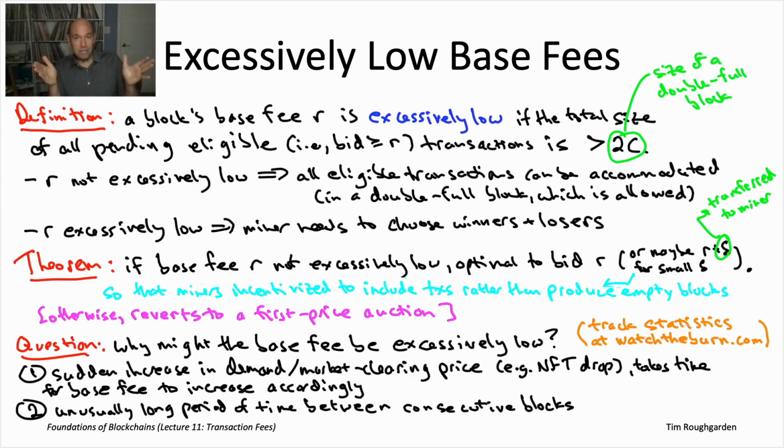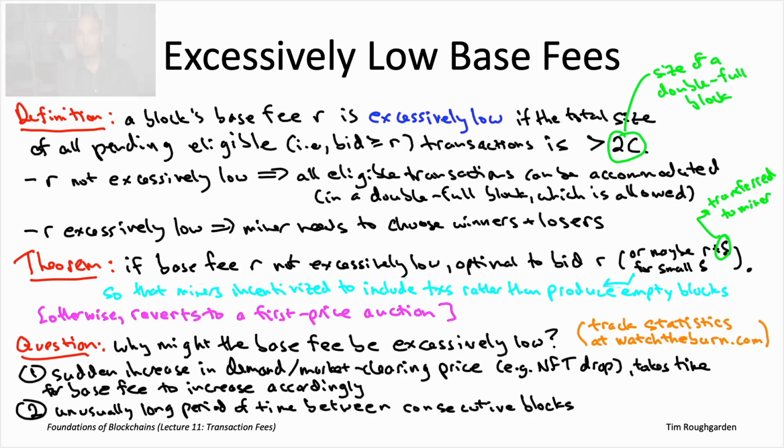Not because there's anything wrong with your base fee, just because of the random variability in the underlying block production process. So these, I now believe, are the 2 main culprits for when you're in the bad regime, when a block producer doesn't have room to accommodate all of the eligible transactions. Sometimes it's because your base fee actually is too low and it needs to catch up to the market clearing price. Sometimes you just got unlucky, it took a ton of time to produce the next block, and a ton of transactions came in the meantime and you don't have room to accommodate all of them.